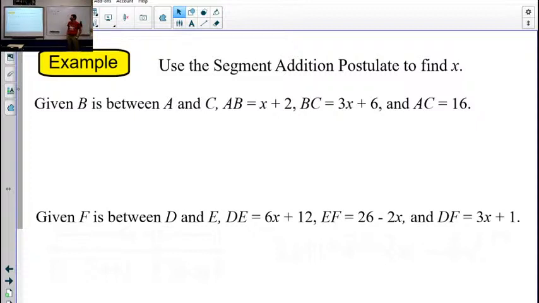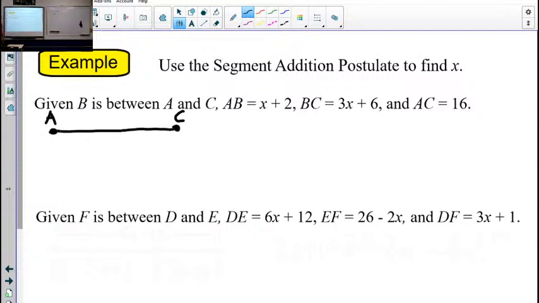Given B is between A and C. So we need to draw a diagram where B is between A and C. Let's do that. Since we want B to be somewhere in between, we're going to draw A and C first. So here's A, here's C, and we're going to connect them together to make A to C. And then we're going to put B in between them.